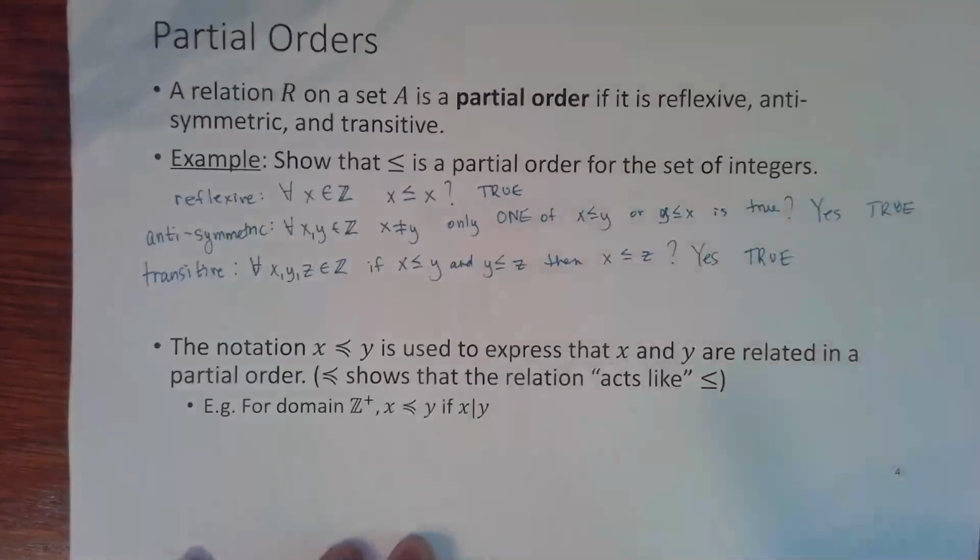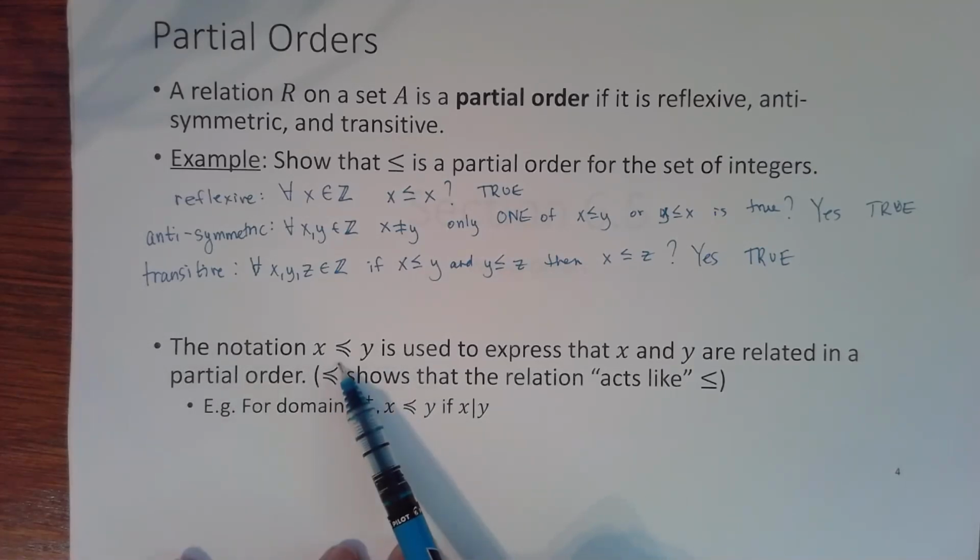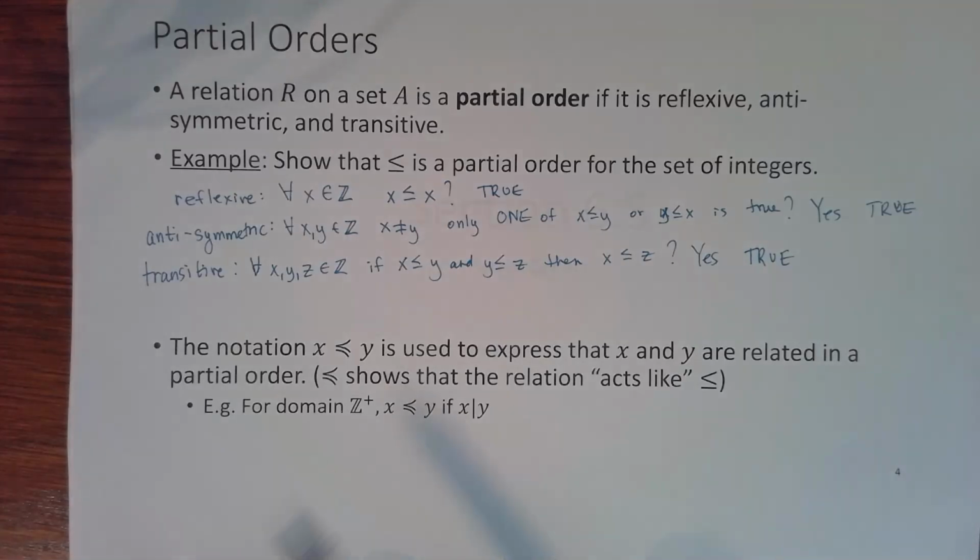And because that one is the most common and the one we think of most often, this notation, this sort of curvy less than or equal to, is used to express the idea that 2 things, x and y, are related in a partial order. That symbol basically reminds us that the relation acts like less than or equal to. And that helps us to trigger in our mind, oh, okay, this is a partial order, it's just like less than or equal to.